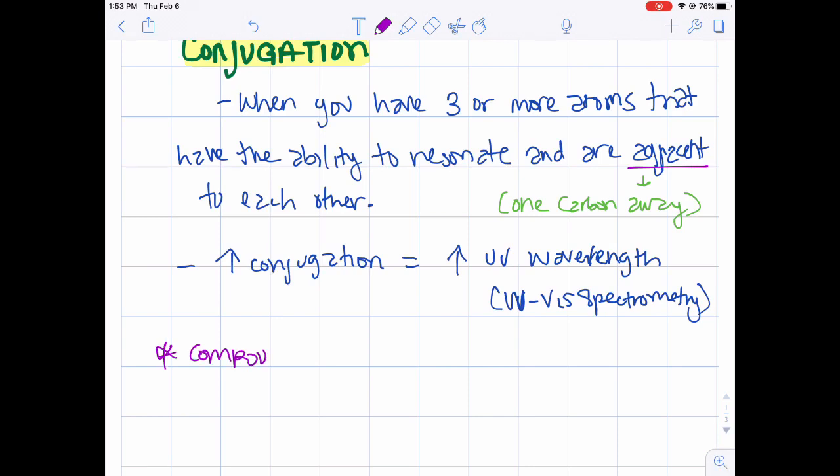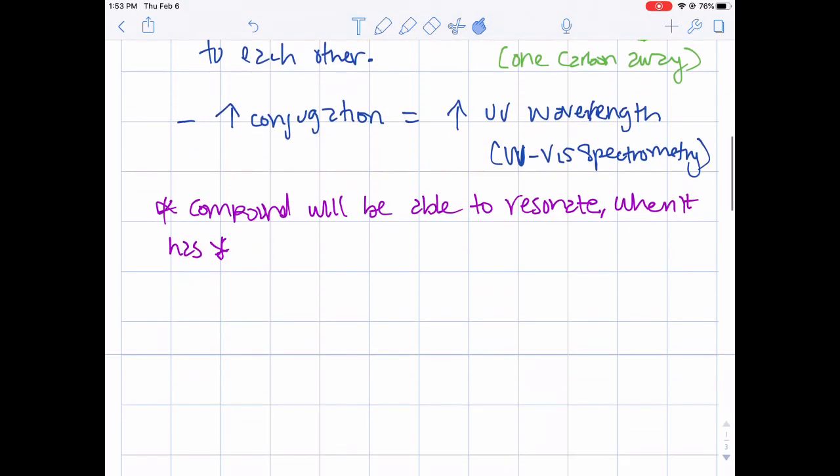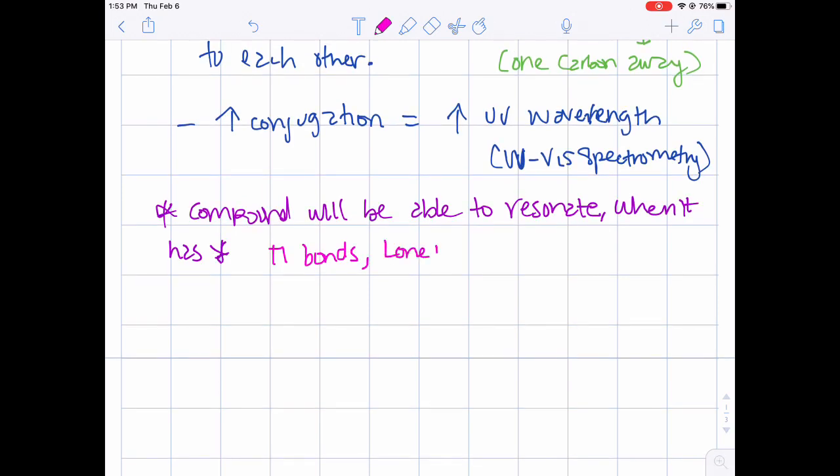Compound will be able to resonate when it has pi bonds, lone pairs, radicals, cation, which is a positive charge.